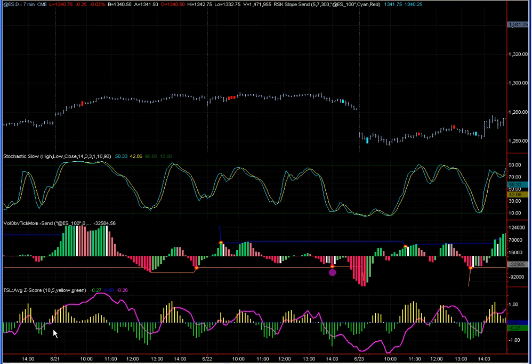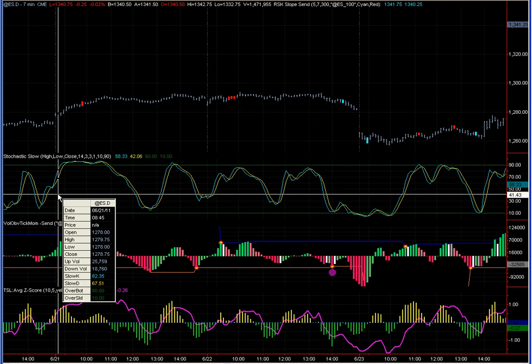And so we're going to use some additional information to ultimately identify the trading opportunity. One of those indicators will be our volume indicators. We'll talk more about that in a minute. But look at the approach here.